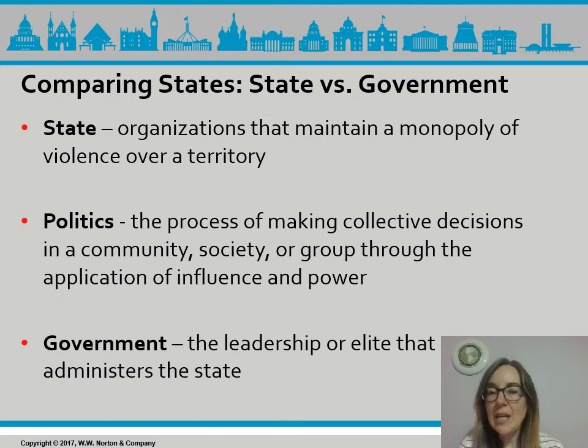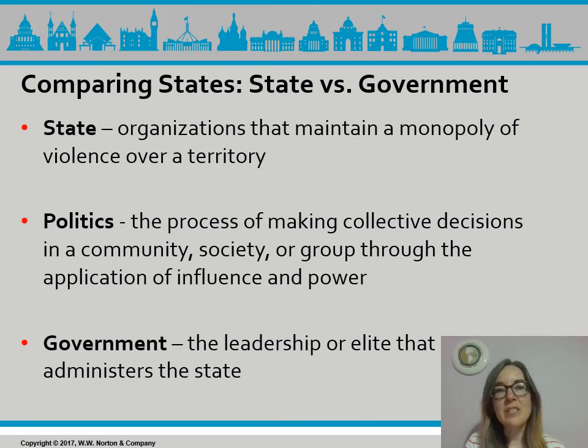So finally, government is the leadership or the group of elites that administers the state. So the government may change. It's kind of the people, but the overall organization will stay the same.